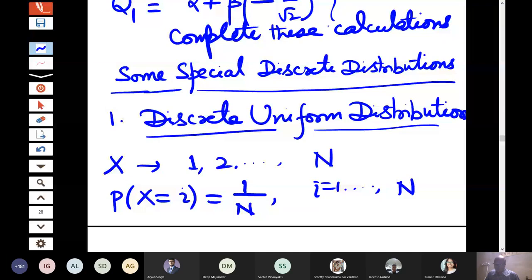This is one of the simplest looking distributions. It is applicable whenever we are dealing with random sampling situations. For example, if I want to select one student from the class, there are 239 students and I will select one of them, so each of them is allocated equal probability of getting selected.